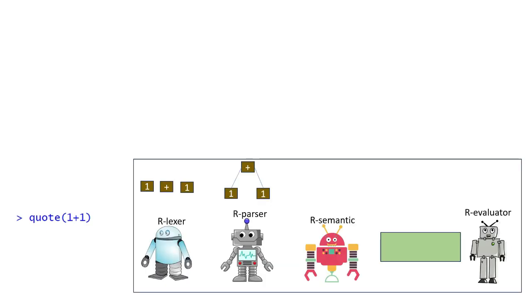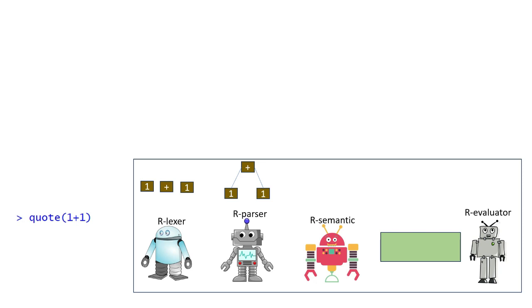I will talk about the R evaluator after a few seconds. First, let's look at this command. First look at what the lexer, parsing, or semantic check is doing. Suppose you type this command.